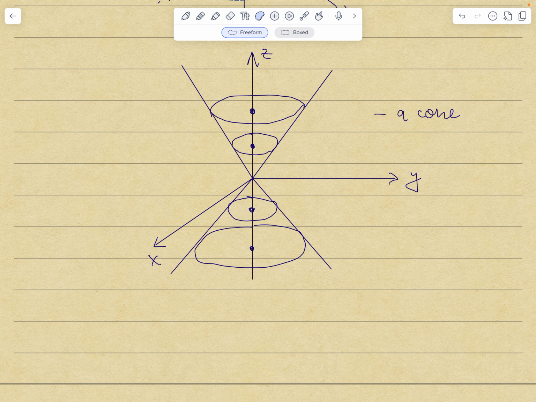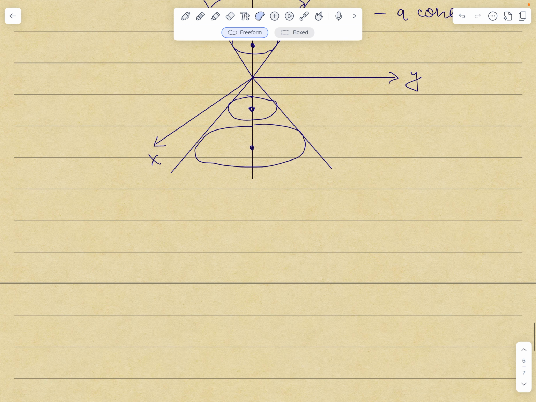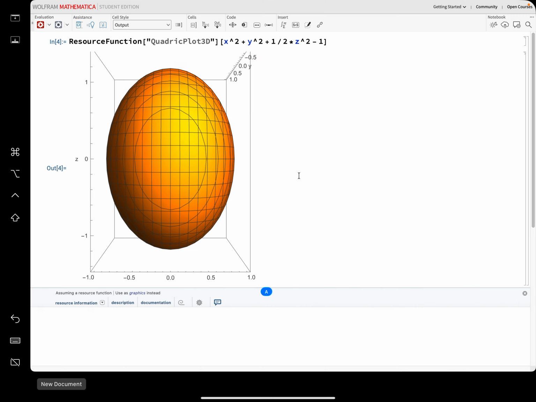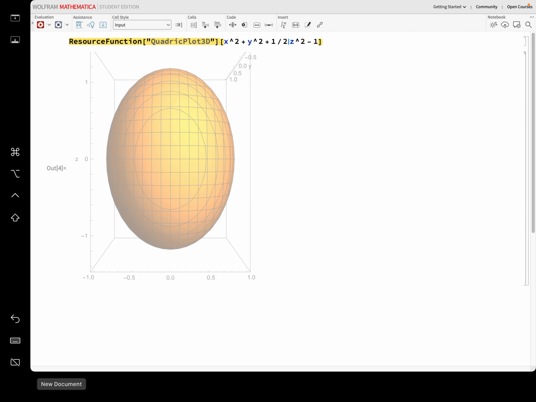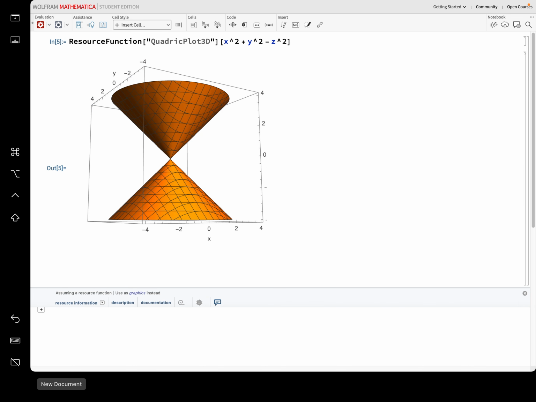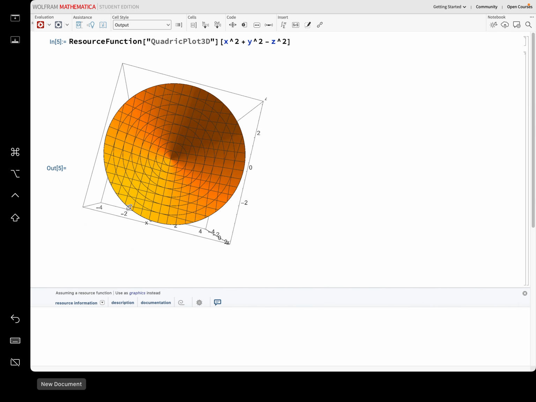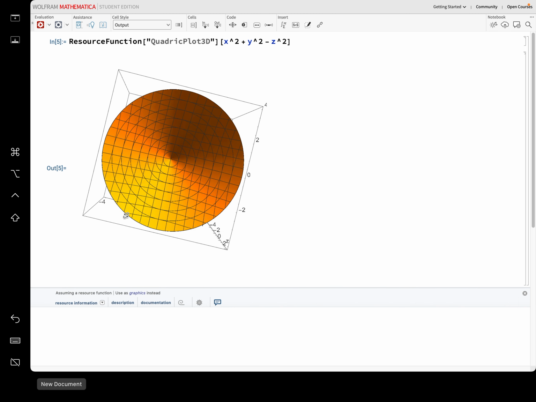And last, let's just see if we can plot the same thing here. So the surface was x squared plus y squared minus z squared equals 0. Well, that's exactly what we just got, right? It's a cone. And if I look at cross sections of this cone from above, I see circles.